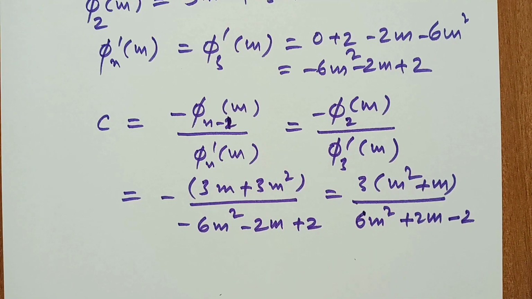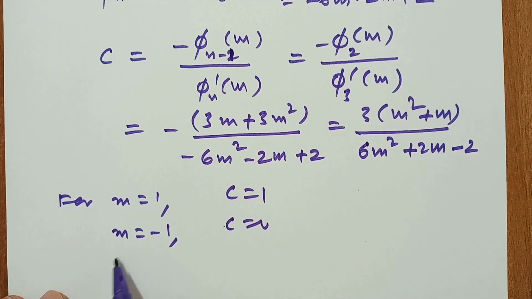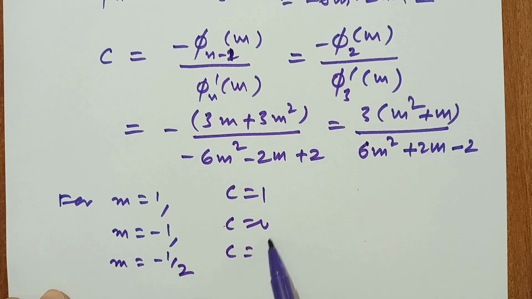So for m equal to 1, c is equal to 1. For m equal to minus 1, c is equal to 0. And for m equal to minus 1 by 2, c is equal to 1 by 2.